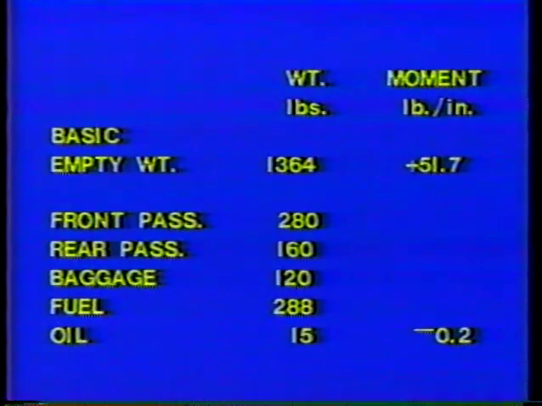Our pilot and front seat passengers together weigh 280 pounds. The rear passenger weighs 160 pounds. The baggage weighs 120 pounds. The 48 gallons of usable fuel weighs 288 pounds. And 8 quarts of oil weigh 15 pounds with a given moment of -0.2.